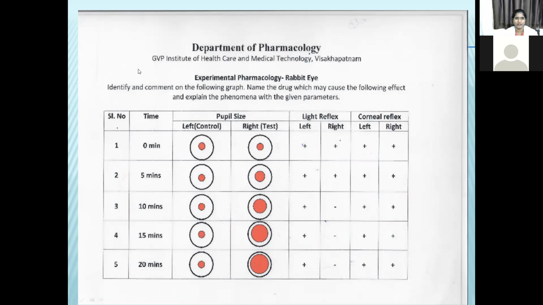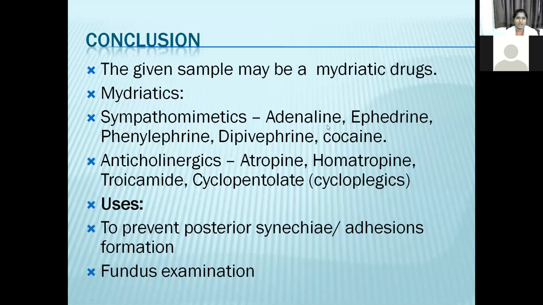So in this chart you have to identify each and everything: whether it is miotic or mydriatic, write the entire procedure, aim, materials required, discussion, and explain light reflexes and corneal reflexes. Then the conclusion: the given sample may be a mydriatic drug because it increases the pupil size.